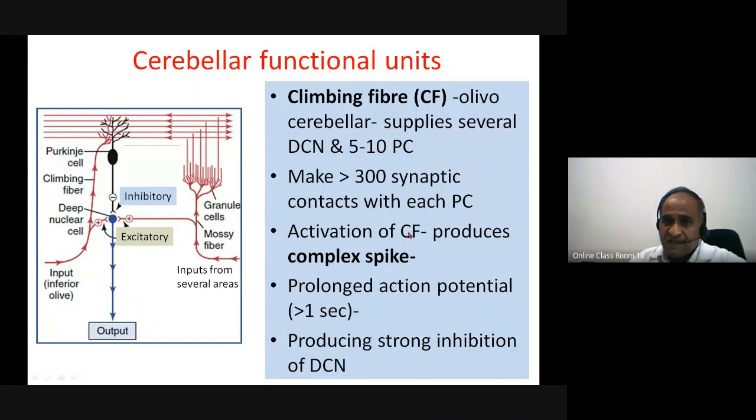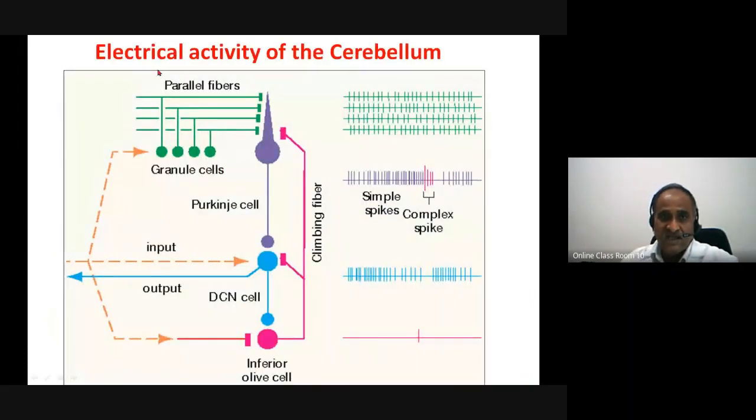Activation of the climbing fiber produces a complex spike. This complex spike has a long duration, more than 1 second, and a strong inhibition of the deep cerebellar nuclei. Looking at the electrical activity, this is the inferior olivary nucleus, the activity comes here, and it stimulates the deep cerebellar nucleus.